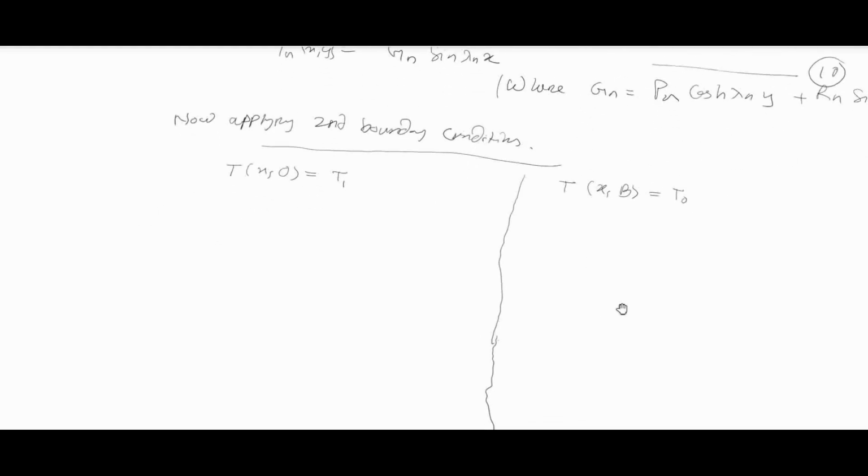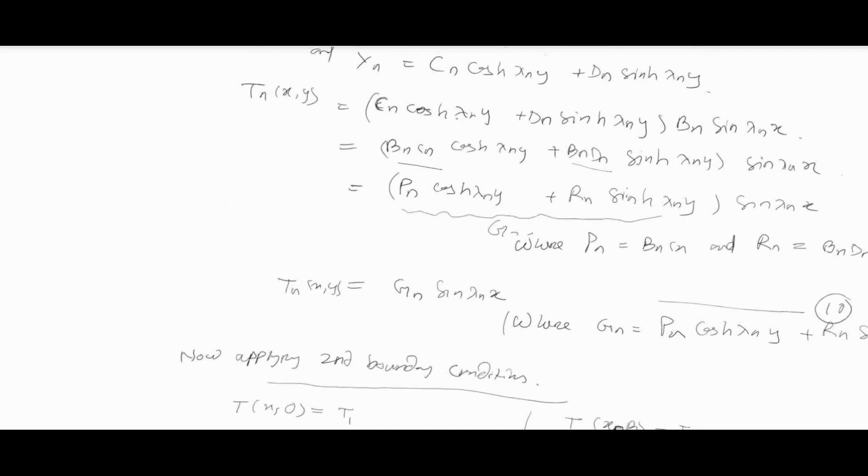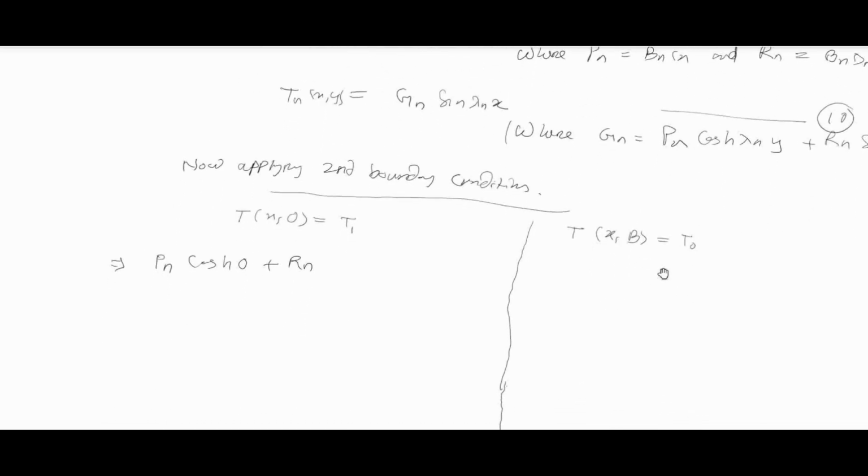That implies Pn cosh(lambda n y), with y equal to 0, cosh 0, plus Rn sinh(lambda n y), sinh 0, into sin(lambda n x) is equal to T1.